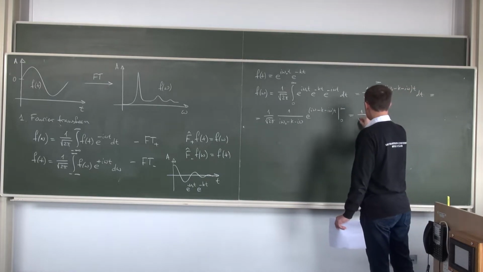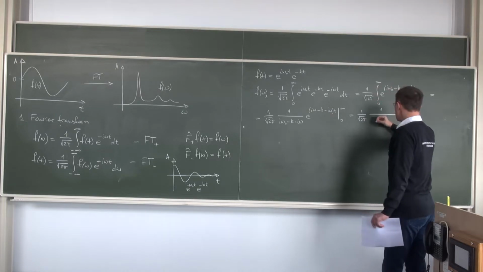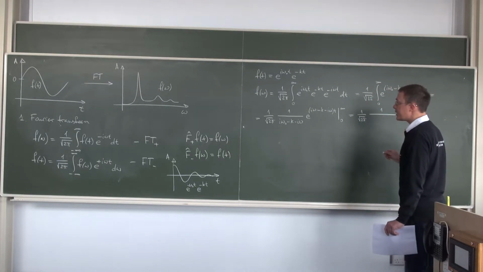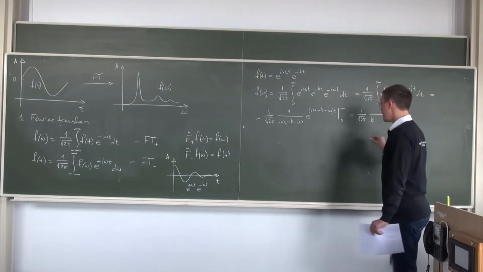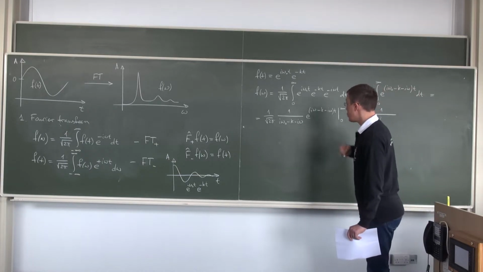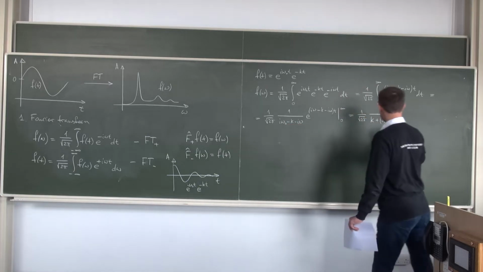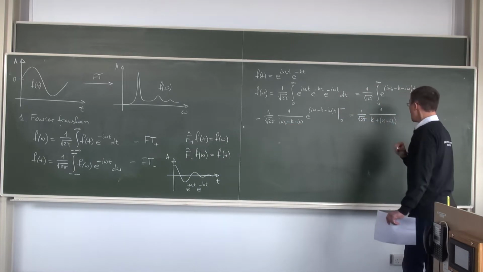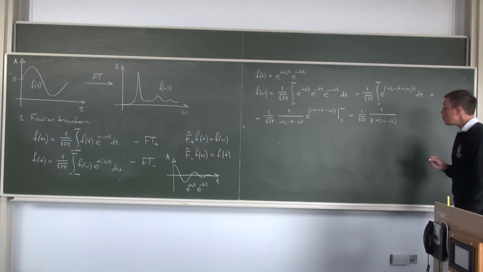So it's 1 over root 2 pi, 1 over, and I will just absorb the minus underneath. So we will have k, and then plus i, so omega, and that with a minus omega naught. And there should be an i in front of this. Okay, so far so good.